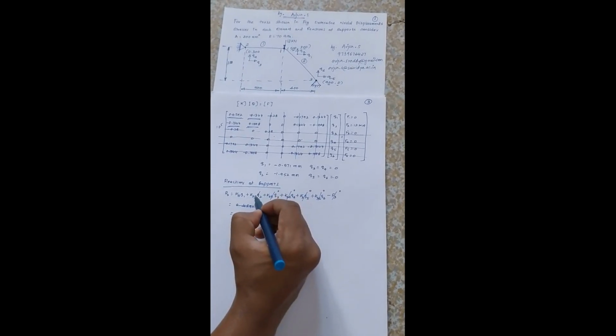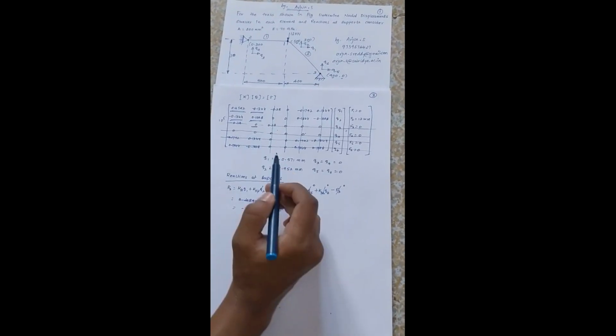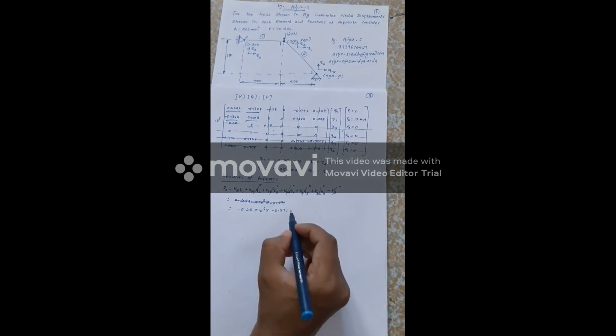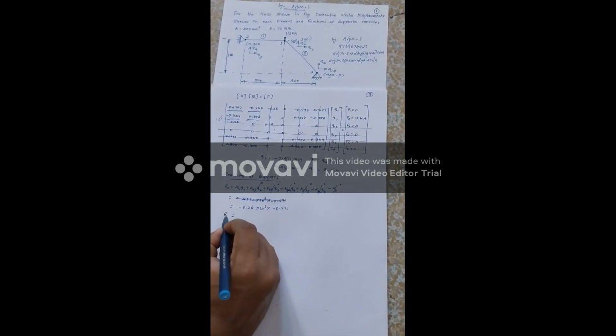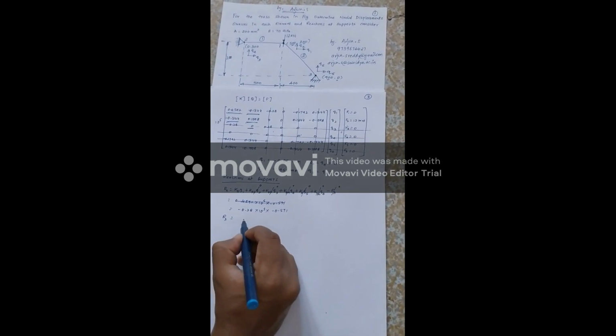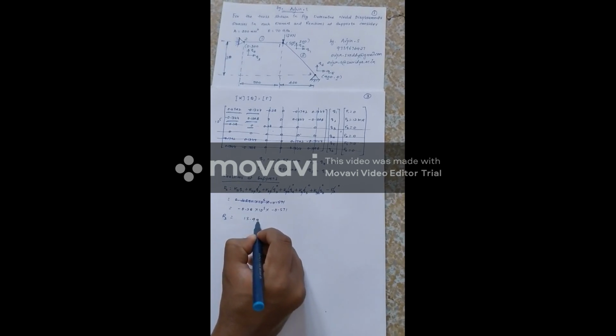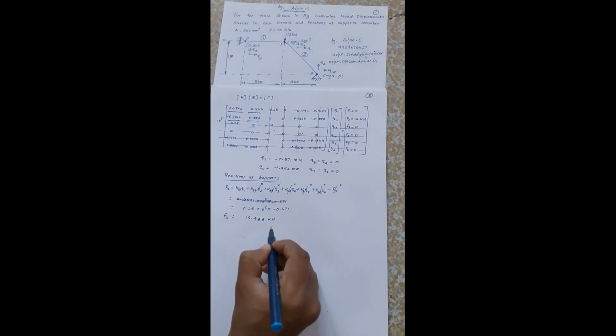Since K32 is also 0, even this term will become 0. So the value of R3 will be 15.988 kilonewton.